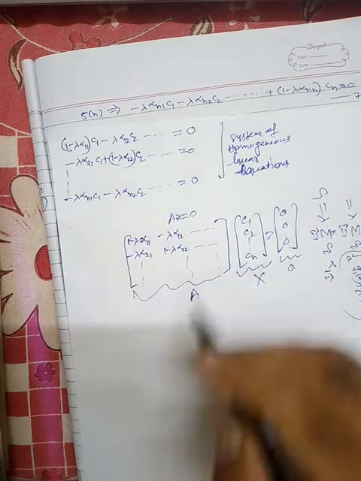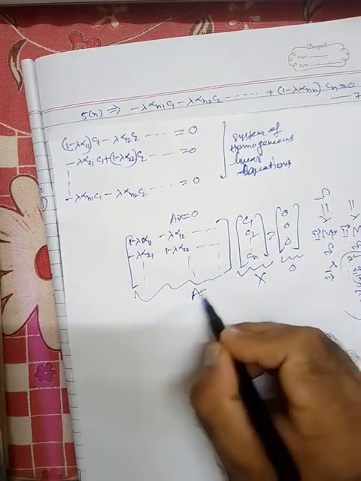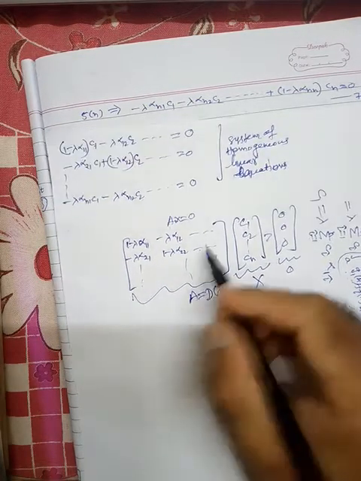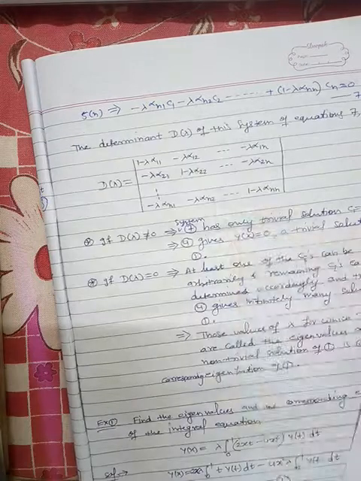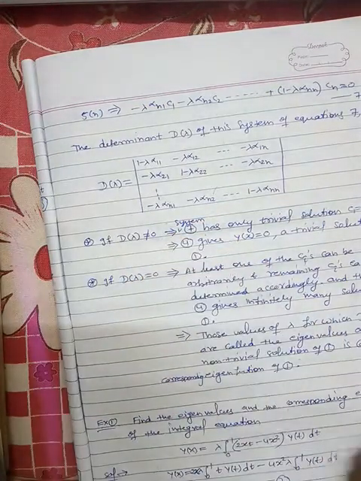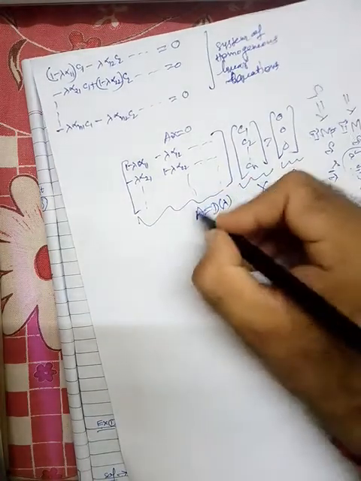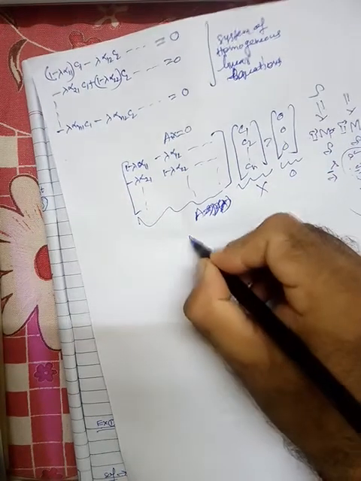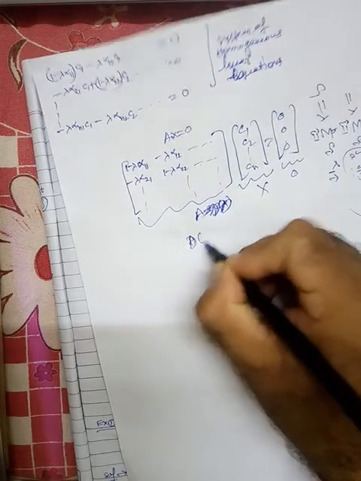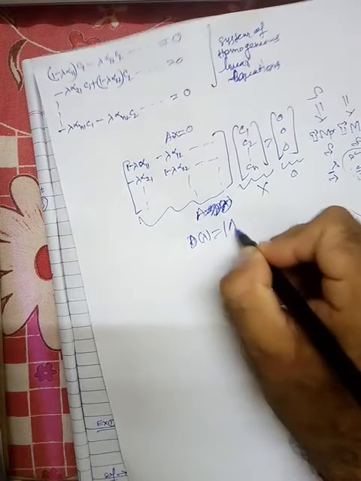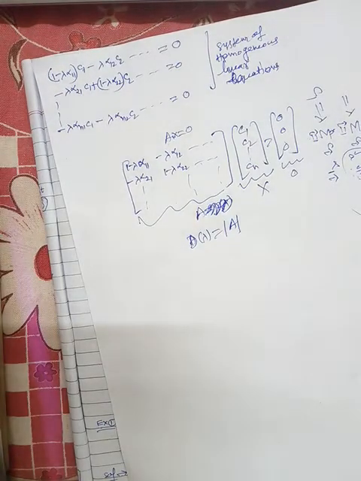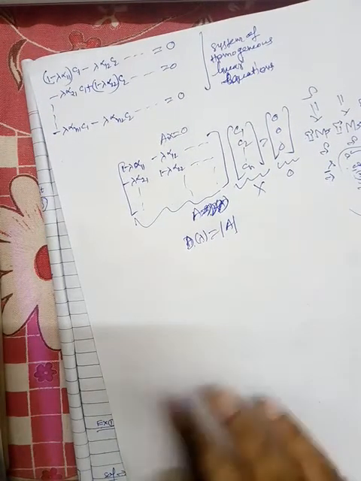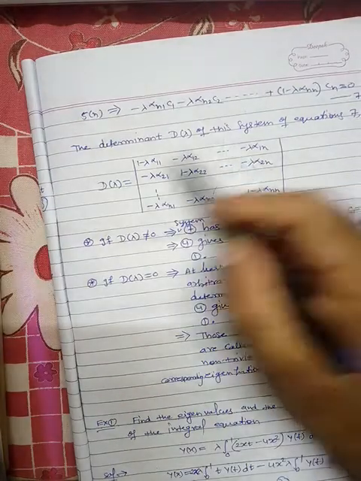Now this is basically denoted by D lambda because it depends upon lambda. So this is the D lambda. Fine. So this matrix A, sorry, the determinant D lambda is basically the determinant of A. D lambda is equal to the determinant of A. So this is shown here.